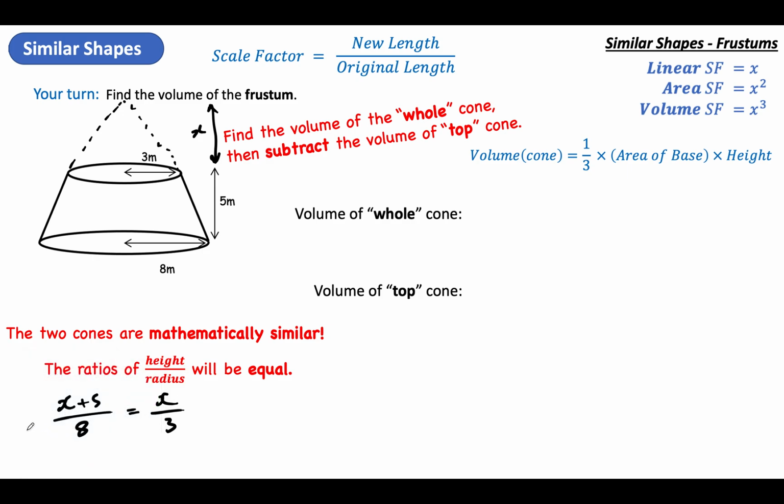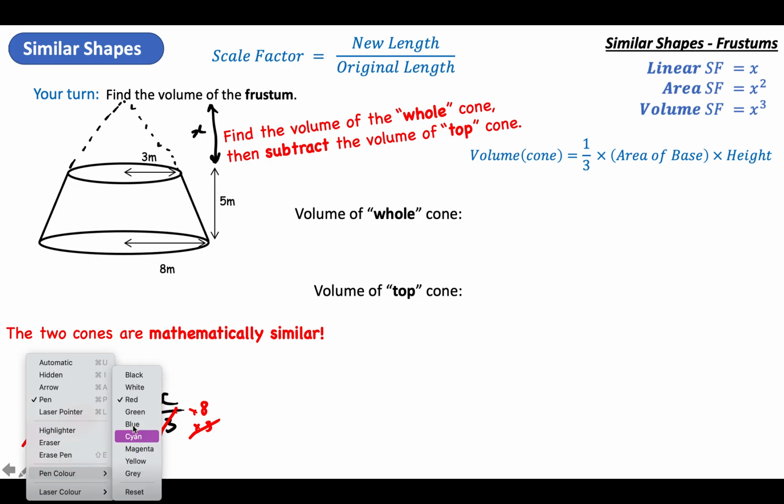Okay, now what we're going to do here, I'm going to speed things up a little bit and just show you a little neat trick. Now, if I times both sides by 8, that will cancel out that. And if I times both sides by 3, that will cancel out that fraction. So what I'm actually doing is timesing the top of the right-hand side by 8.